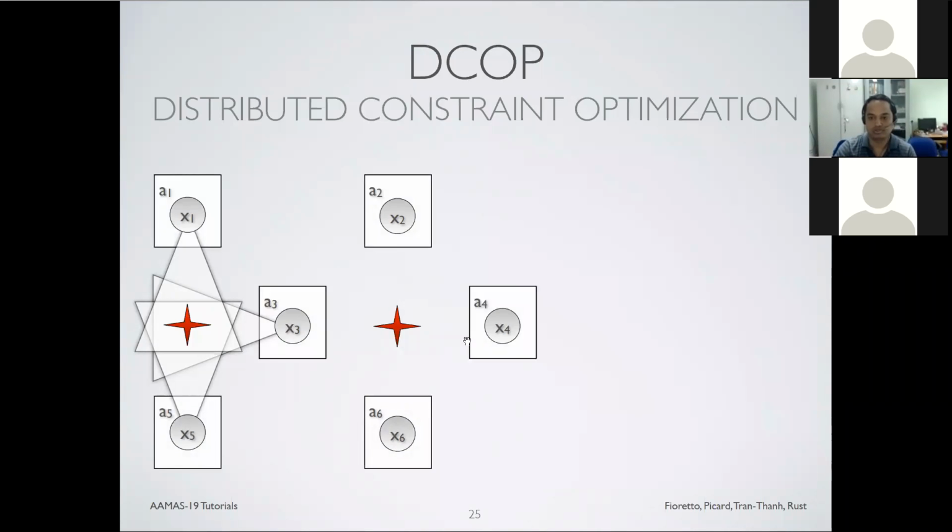So this was the model, that A1 is responsible for choosing the value of x1, A3 is responsible for choosing the value of x3, A5 is responsible for choosing the value of x5. Here A1, A2, A3, A4, A5 are the agents, and x1, x2, x3 are the variables, or the variable values of the sensors.